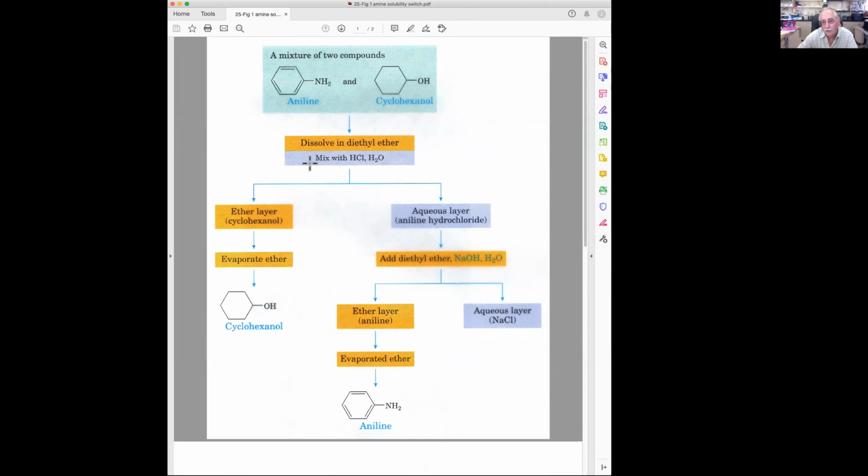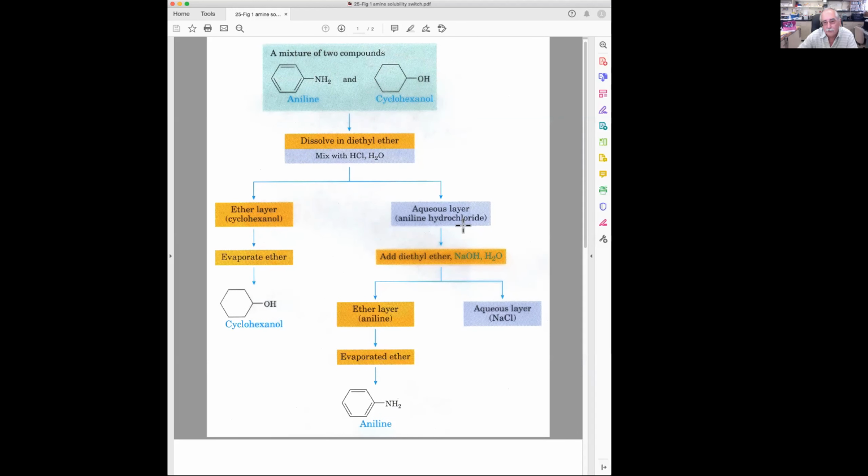And what you find is that the ether and the water separate out. They don't dissolve in one another. So ether, which is rather non-polar, is going to contain all the cyclohexanol. This will preferentially dissolve in the ether, and this, especially when it's been protonated, wants to dissolve in the aqueous layer. Okay?